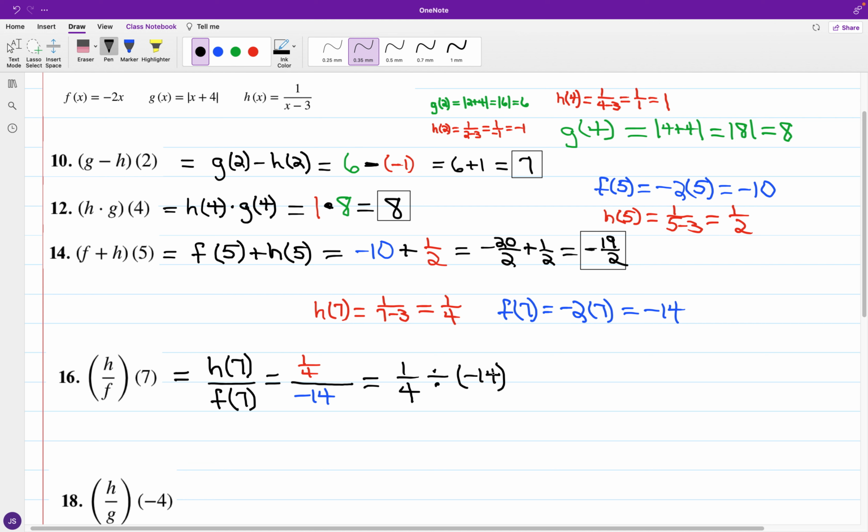divided by negative 14. And what I can do here is that if I'm dividing by a number, I can put this in terms of multiplication, where if I divide by a number, it'll be the same as multiplying by that number's reciprocal. So in this case, I can say you have 1/4 times, and the reciprocal of negative 14 is going to be negative 1/14.